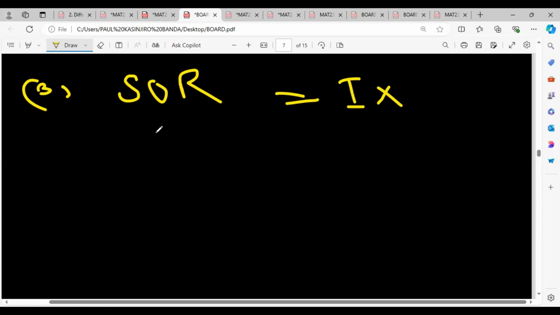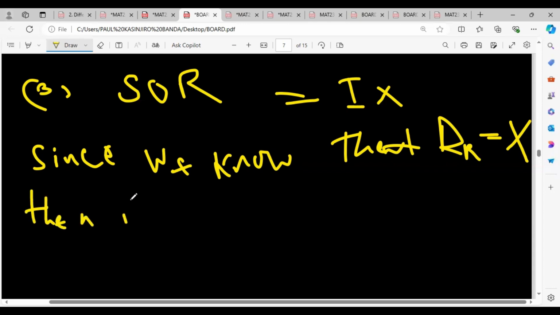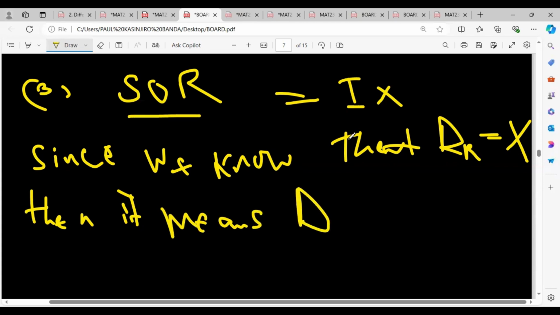So if I come here, I'm going to say that since we know that the domain of the relation R is just the set X, then it means the domain of this relation, the S∘R, will just also be X.